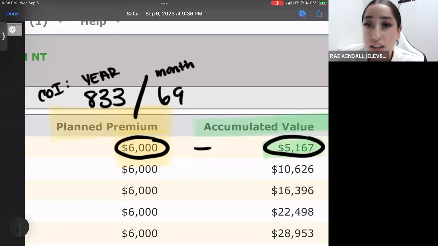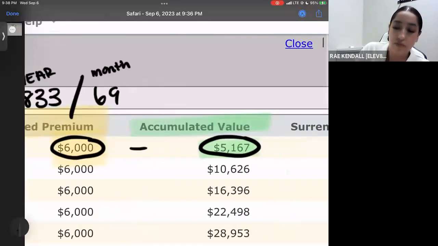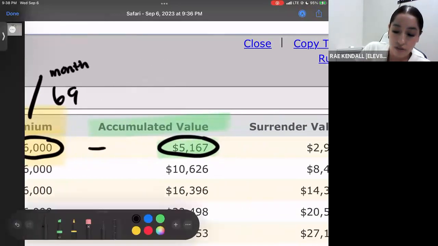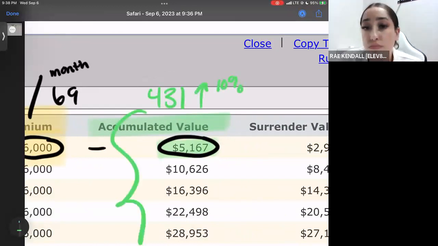You're paying $69 in insurance fees for that $100,000 policy, but you're making a $500 payment. If you're making $500 payments to National Life Group and 69 of it goes to cost of insurance, that just means the rest of your $431 is growing at 10%, building up value for you.